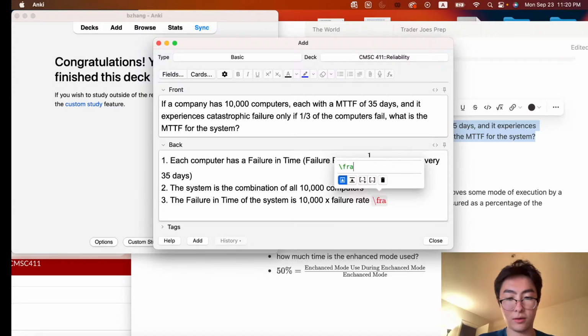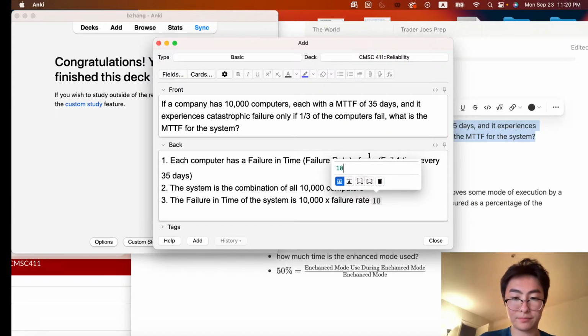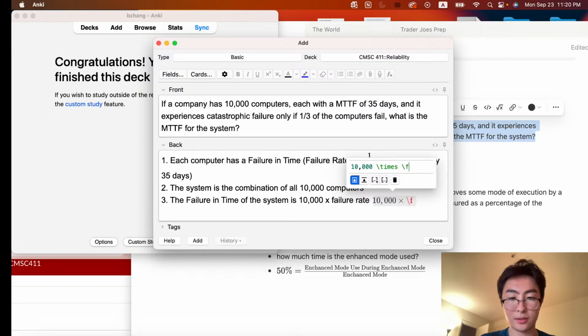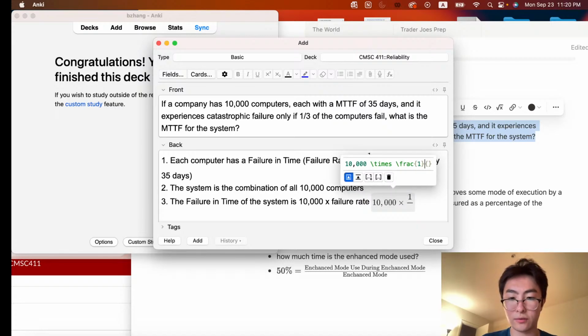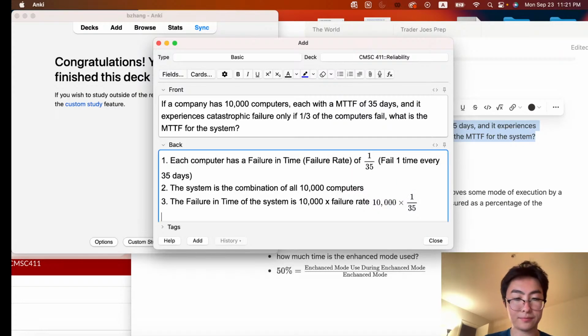So we have 10,000 times 1 divided by 35.